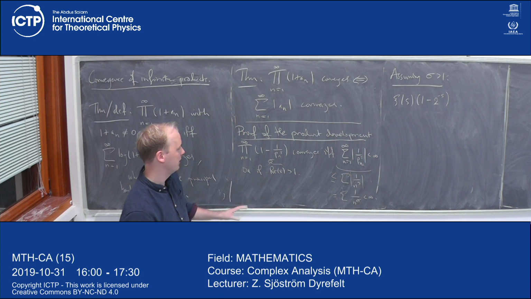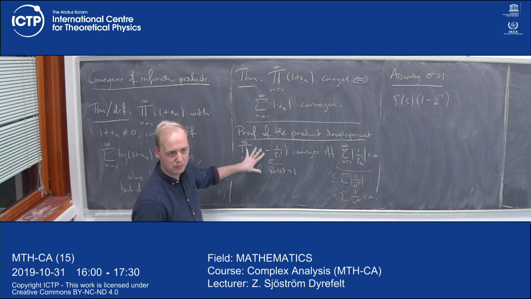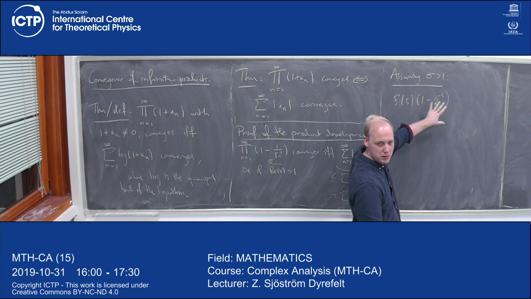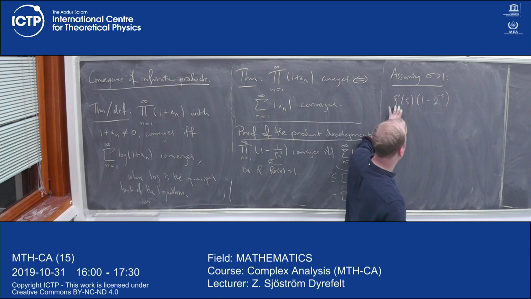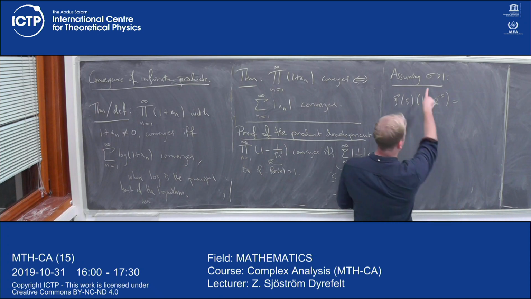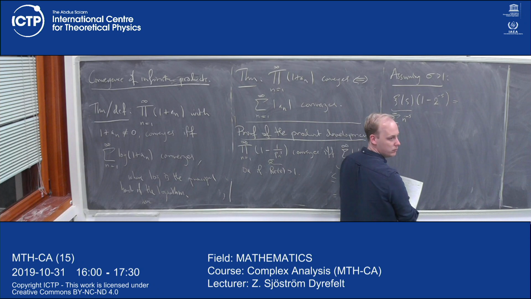We wanted to show that the zeta function was equal to the infinite product of all this stuff. So now we take the first prime, the first factor in our infinite product. If I take this function times this, then what is it equal to? Because sigma is larger than 1, this was equal to the infinite sum of n to the minus s.